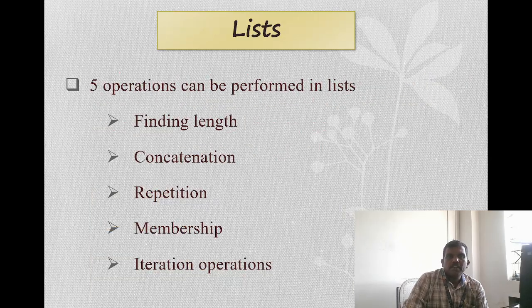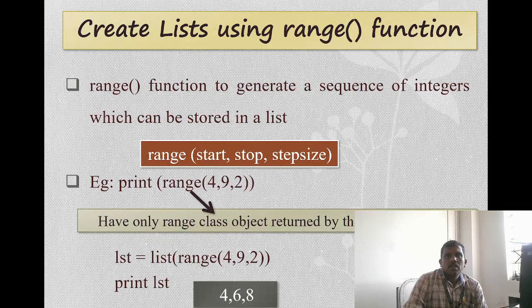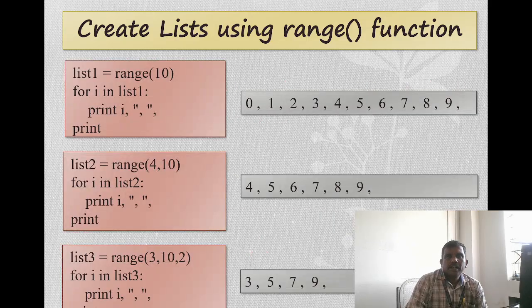Five operations can be performed on a list: finding the length, concatenating two lists, repetition, membership, and iteration. Range functions are used to generate values. Next, create a list using a range function. list1 equal to range of 10. For i in list1, print i.